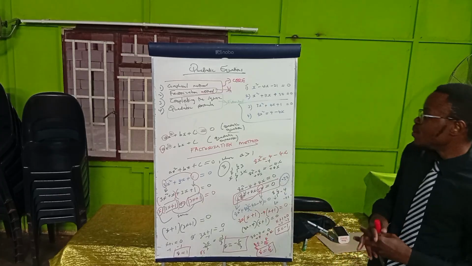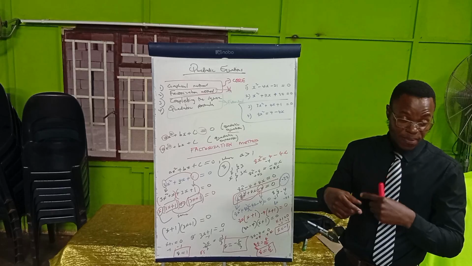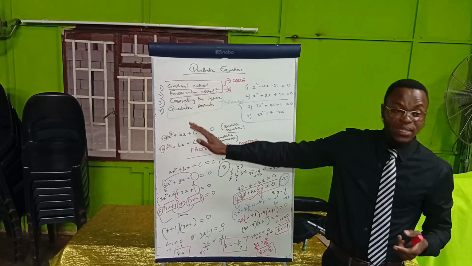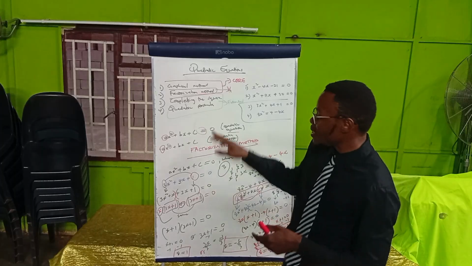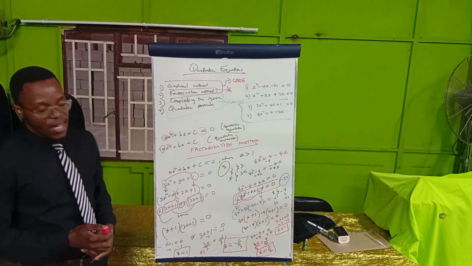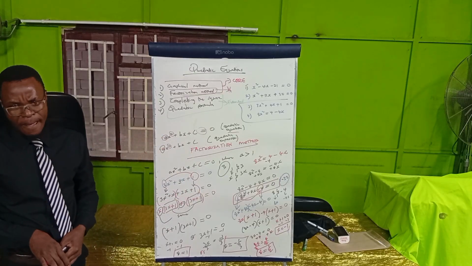Just look for the factors which when you multiply give you the constant, and when you add give you the coefficient of the middle term. And then always solve the double bracket separately to get the values of x.